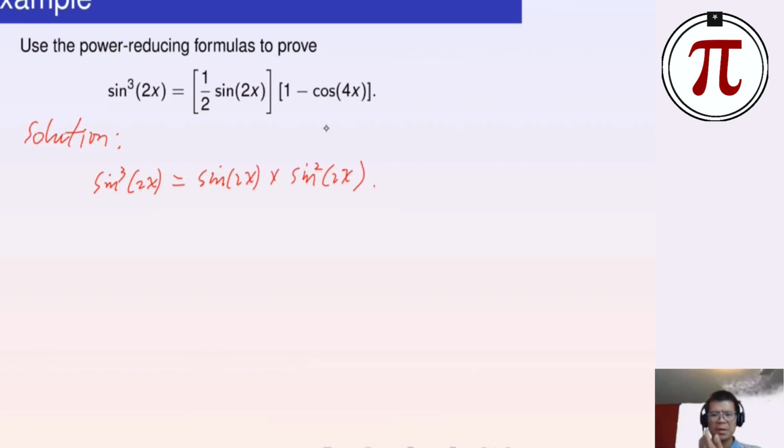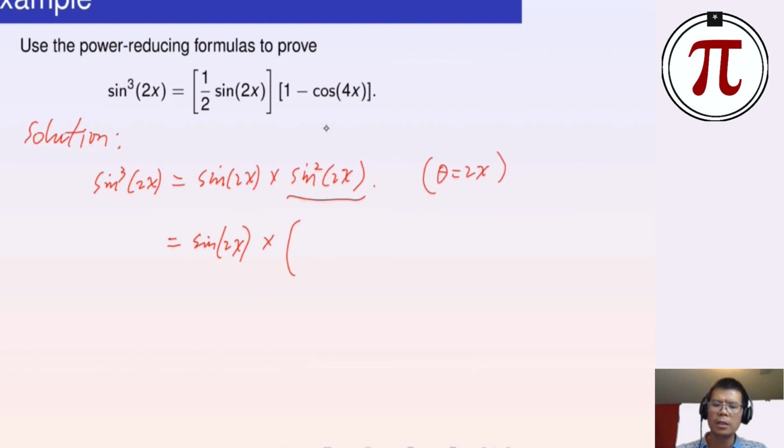So then this one equals sine 2x times, this is an even power, this is square, so we can just use the reduction formula for sine. So what is that? For sine, with theta equals 2x, that's going to be 1 minus cosine 2 theta, which is 4x, over 2.